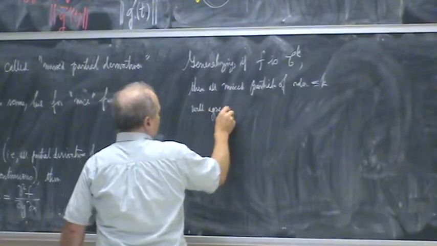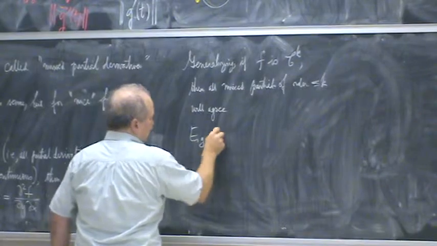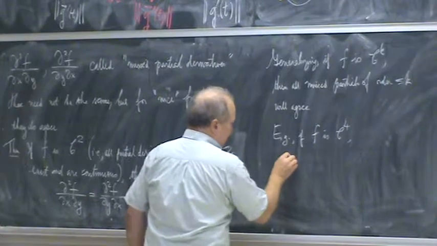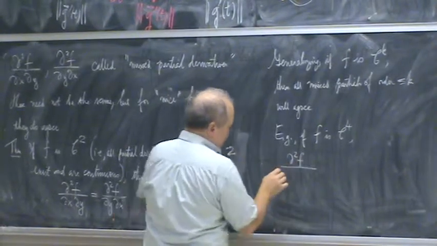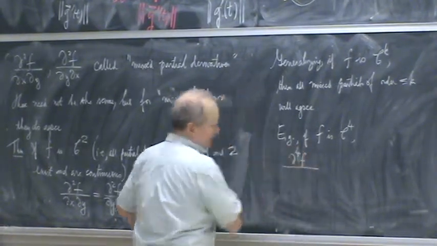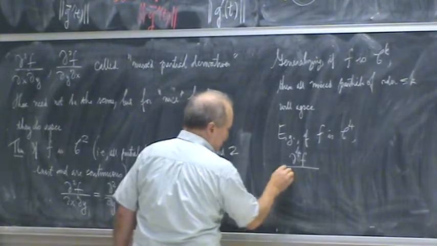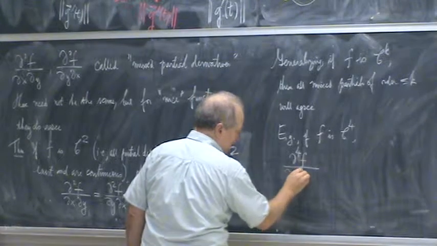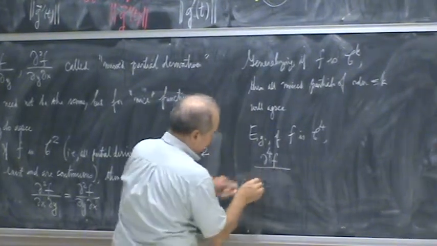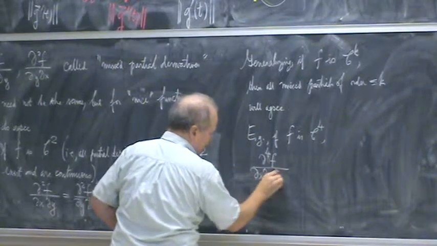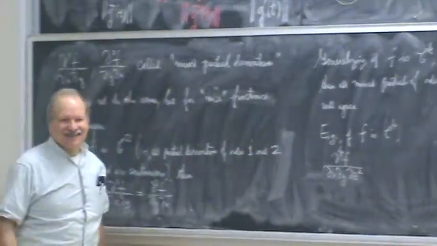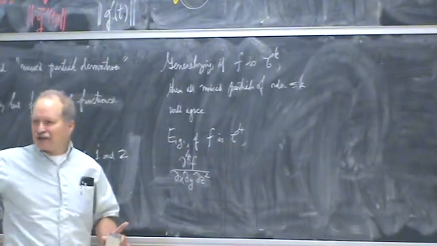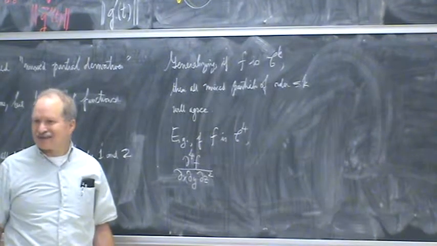So for example, if f is C4, and you happen to be playing around with the fourth partial of f with respect to two z's and an x and a y, you can do your derivative with respect to an x and a y and two z's in any order you want, and you'll get the same thing.